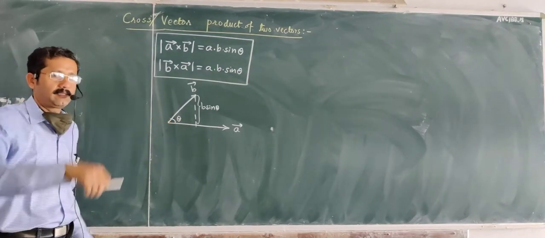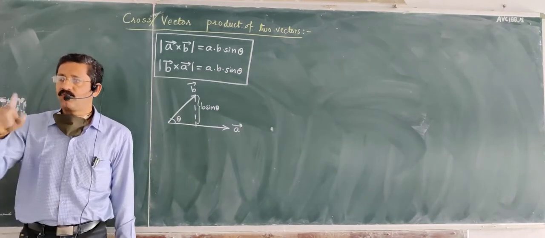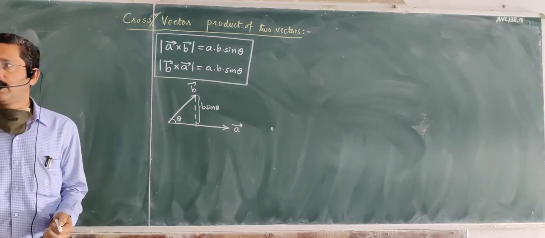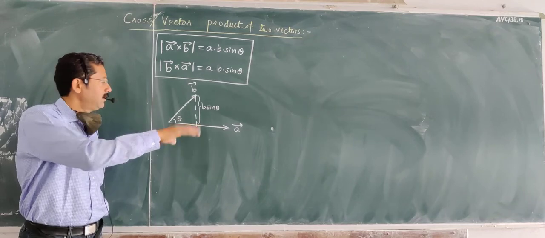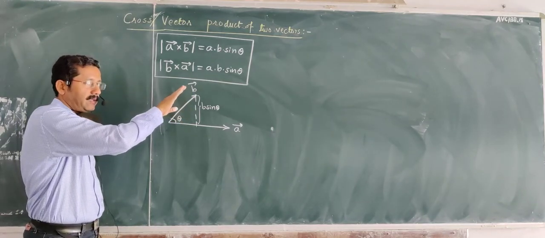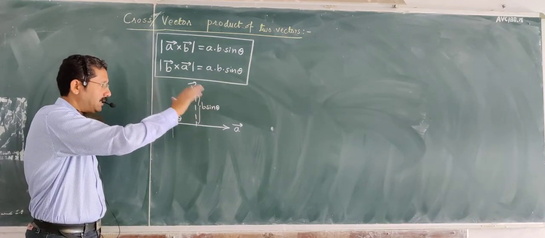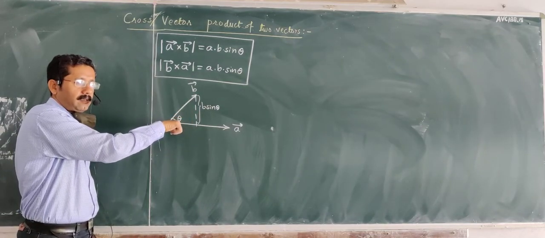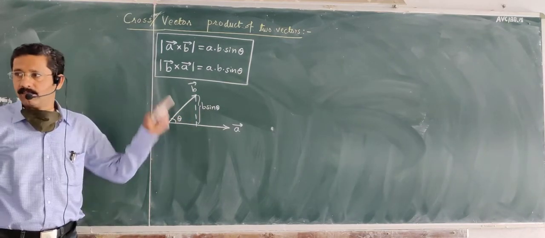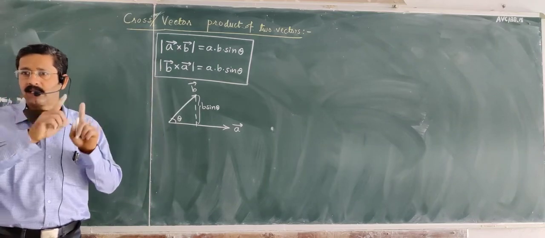But if you go for finding B cross A, I have to curl my fingers from vector B to vector A. So I start with vector B and go towards vector A here. So B cross A is going to point inside. Magnitudes are the same, but the directions are exactly opposite.